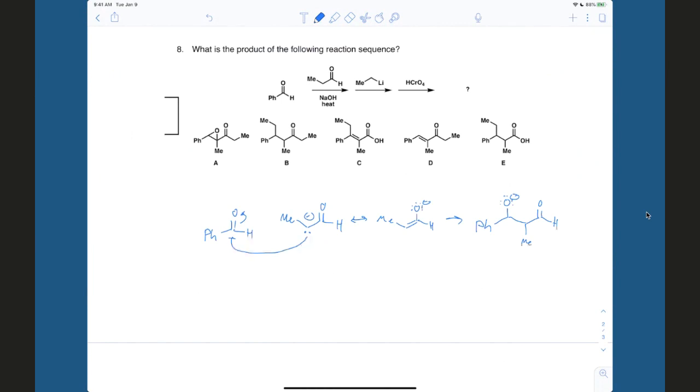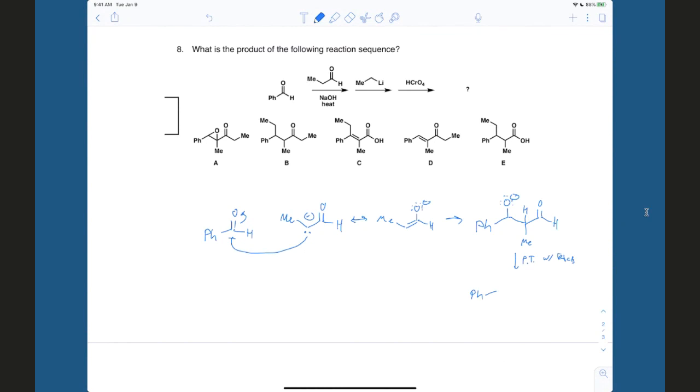So then we're going to end up having, under these aqueous conditions, we have sodium hydroxide around, this O- will get protonated, this hydrogen will get deprotonated, and we're going to end up eliminating. So this is the overall aldol condensation. This is the E1cB.